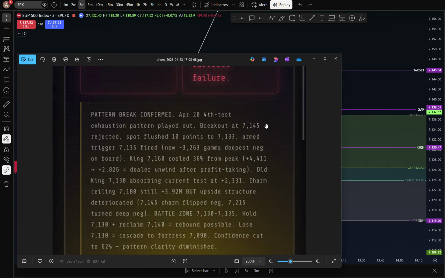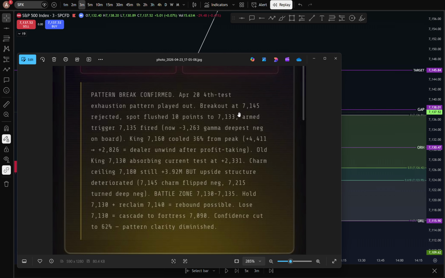Here it says, listen, breakout at 71.45 rejected, spot flash 10 points, all these things. It says king gamma dp is negative on being cooled. It says 71.60 cooled 36% from peak, so basically saying this is no good anymore. And here it says old king 71.30 observing current test.